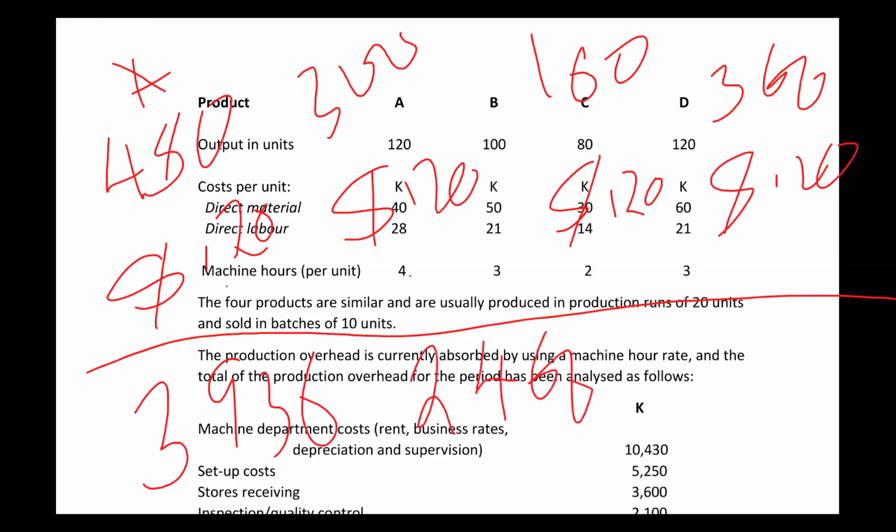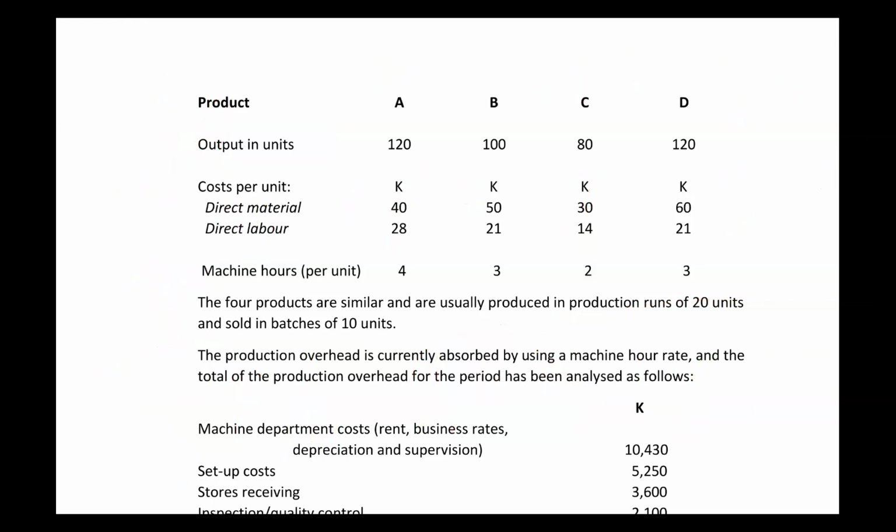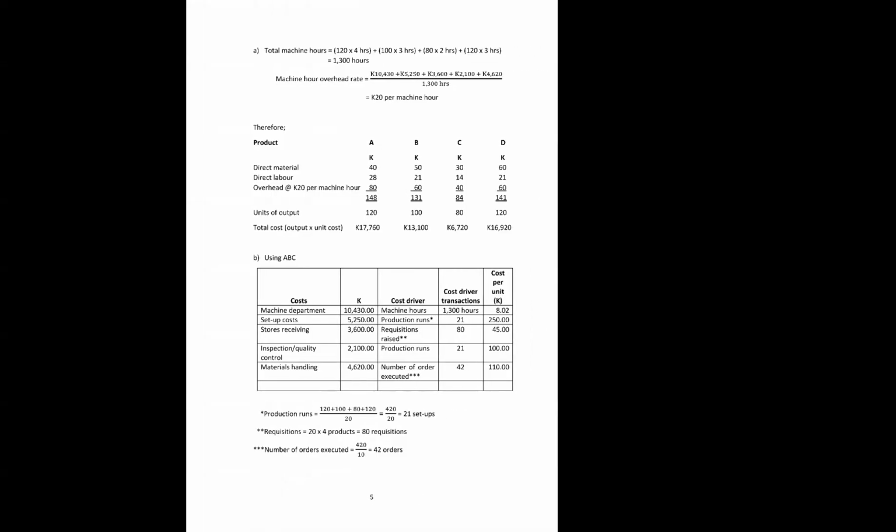The next one is 160 times 8.20, giving us 1,312. You do the same for the last one, 360 times 8.20, giving us 2,952 as the cost that will go to the machining department.